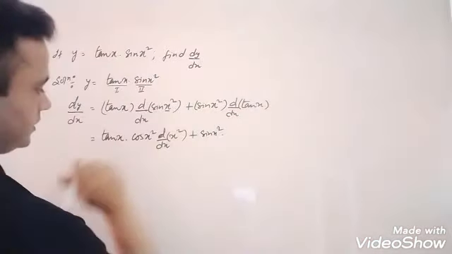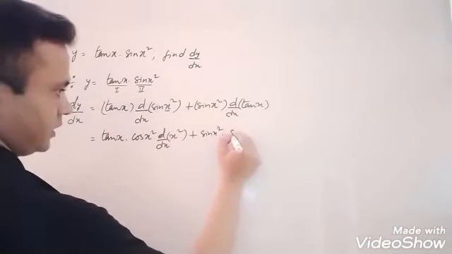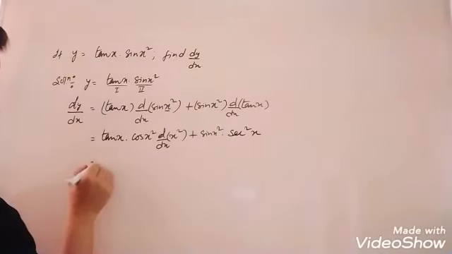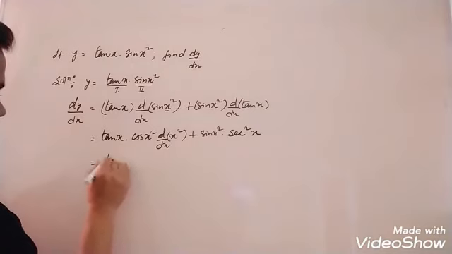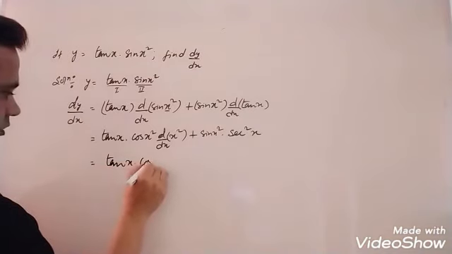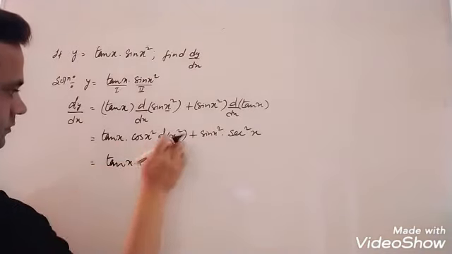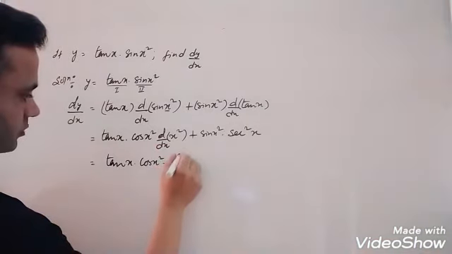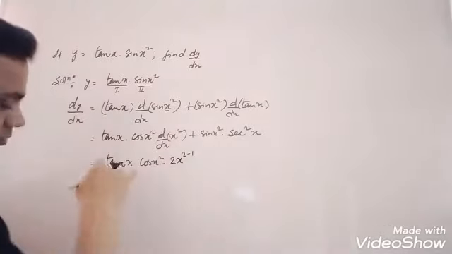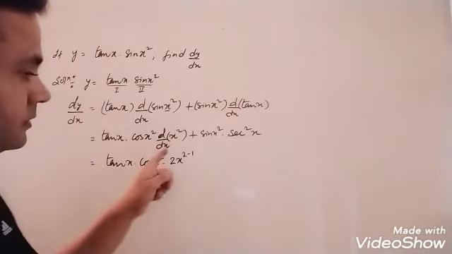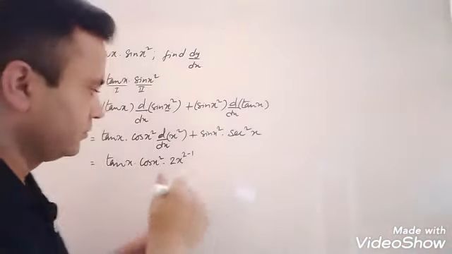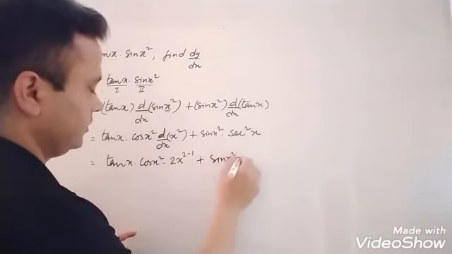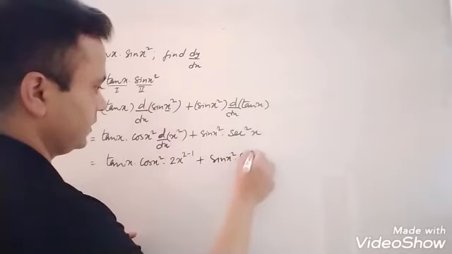Now what is the differentiation of tan x? It is sec square x. So tan x into cos x square. So d by dx of x square is 2x to the power 2 minus 1, because the differentiation of x to the power n is n x to the power n minus 1. So plus sin x square into sec square x.